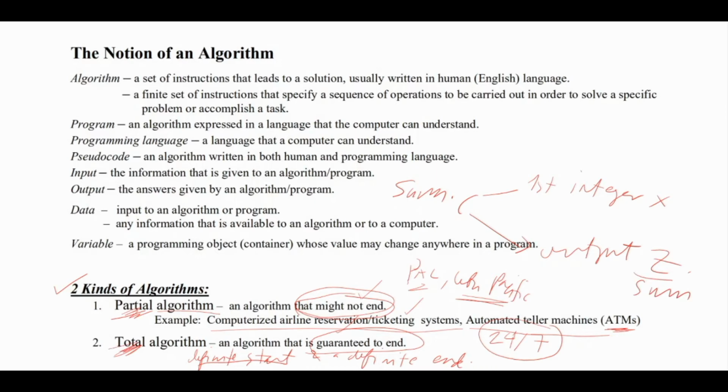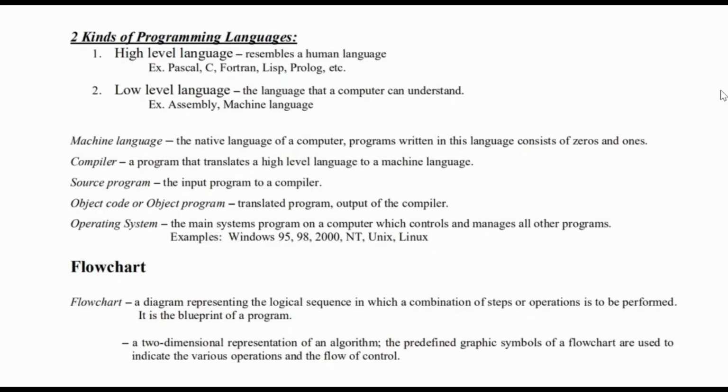So total algorithms are those that are guaranteed to end. It has a definite start and end. It's not intended to run 24/7, while partial algorithms are those that might not end or that are expected to run 24/7.